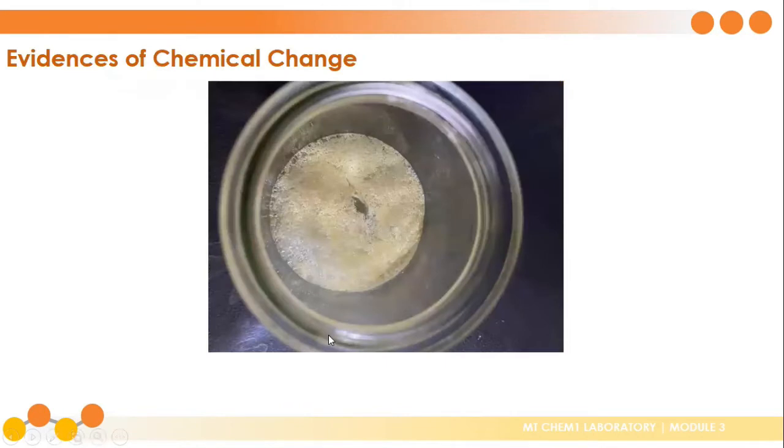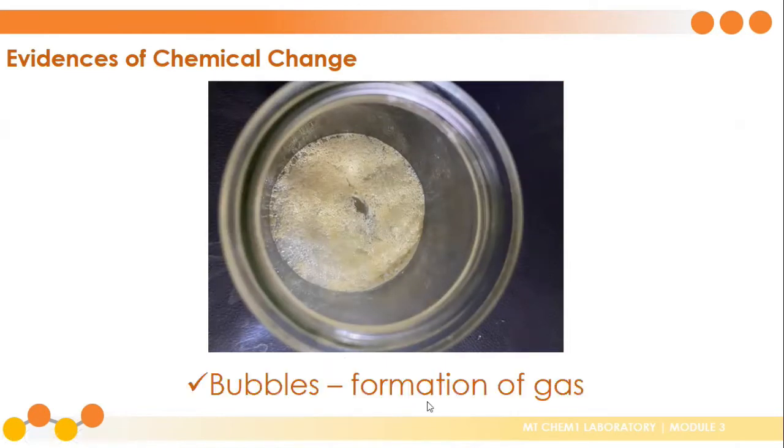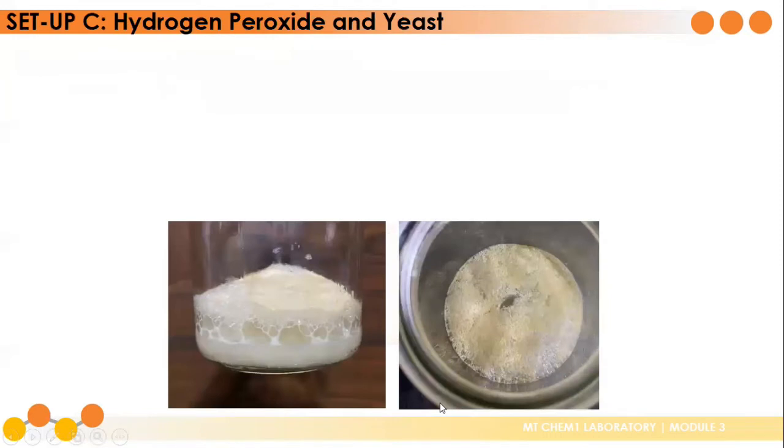For this setup, what are the evidences of chemical change that you ought to observe? Again, it's bubbles indicating the formation of gas. As you can see in this picture, there is a distinct amount of bubbles observable in this setup. If you also observe, there is also an increase in temperature in your container.